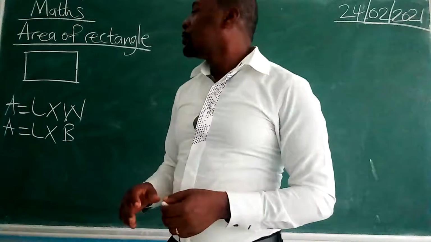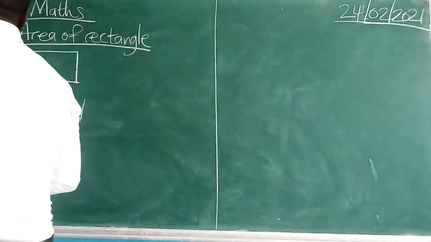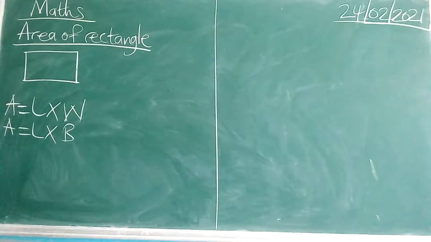But before that, we have to go back to what we learned on how to find the area of rectangle. When you are finding the area of rectangle, the area is equal to length times width, or area is equal to length times breadth.